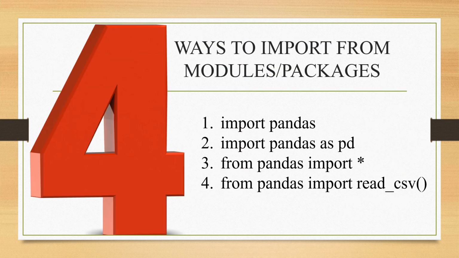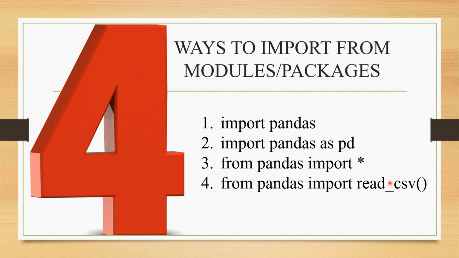So now coming on to the four ways to import from modules or packages. We can just write import followed by module name, import module name as alias, from module name import star. Star means everything. Here you can import everything and you would not even need to write the alias name.